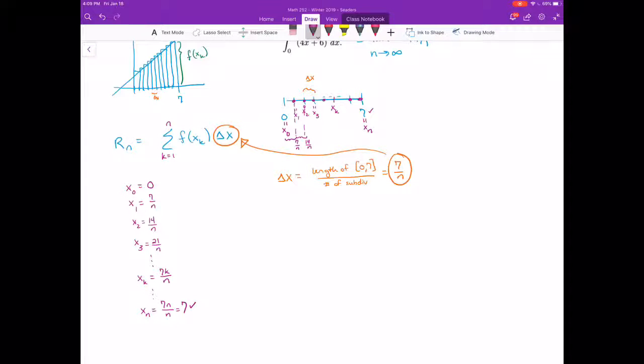So that worked. So x sub k is 7k over n, and that's my input, my right-hand input on each subinterval.